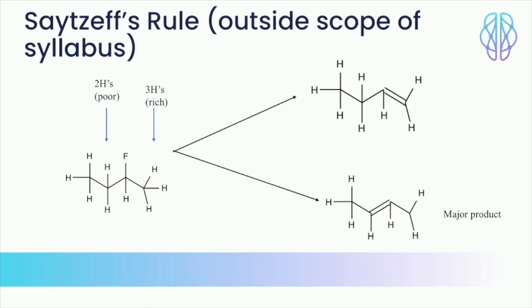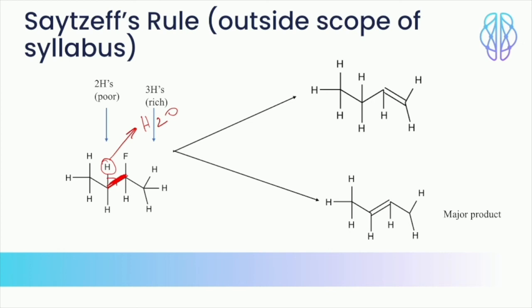I'll draw that a bit nicer. So it's going to attack this hydrogen preferentially because that carbon is only bonded to 2 hydrogens. Thus, it'll take this hydrogen away. That'll form your leaving water. This bond will form a double bond here.